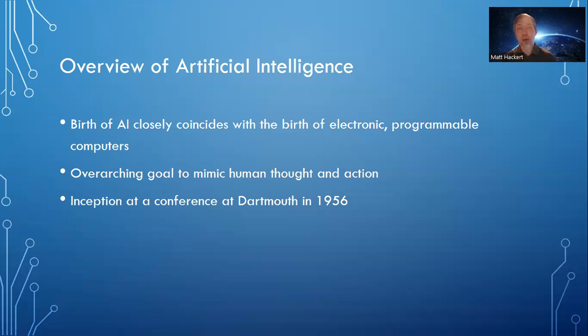Discussions focused around computers, natural language processing, neural networks, theory of computation, abstraction, and creativity. The conference didn't formalize any specific conclusions per se, but rather it was a springboard for initiating research in several branches of artificial intelligence. So this is really where we consider the term artificial intelligence to come from: this conference at Dartmouth.